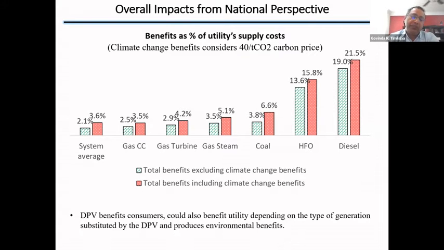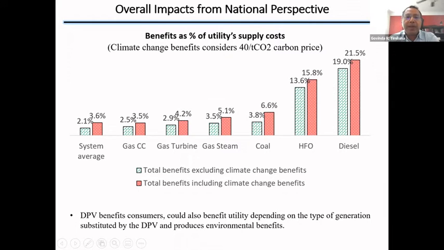For example, if it replaces the overall system on average, the benefit is 2.1% without carbon benefits, 3.6% with carbon benefits. On the other hand, if it replaces the marginal plant, which is the HFO, heavy fuel oil, the benefit goes from 13.6% to 15.8%, depending on the carbon benefits.